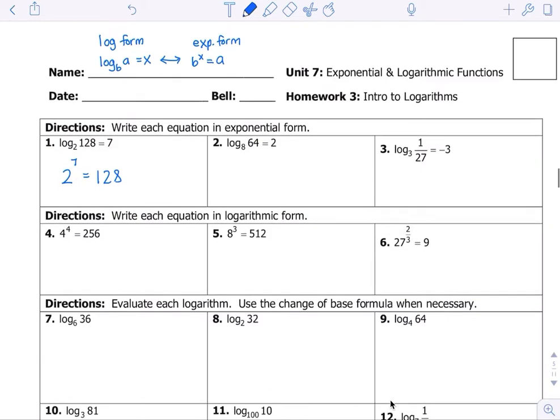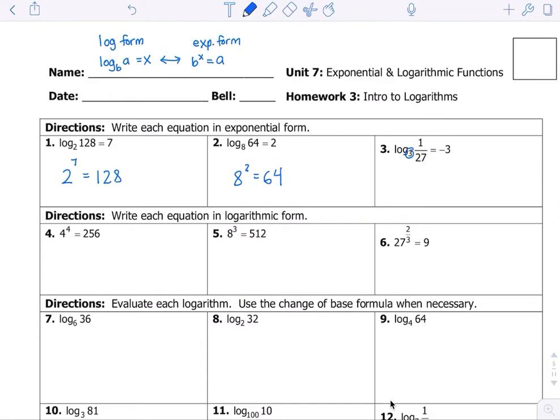Next, we have this base of 8, and we're going to raise it to this as a power. So 8 to the 2nd is equal to 64. Remember, all of this is going from log form to exponential form. All right, 3.